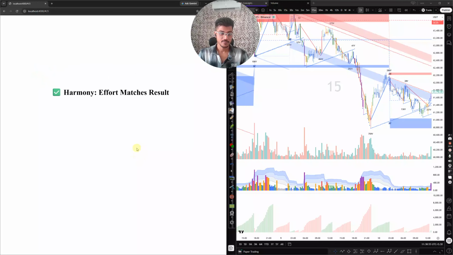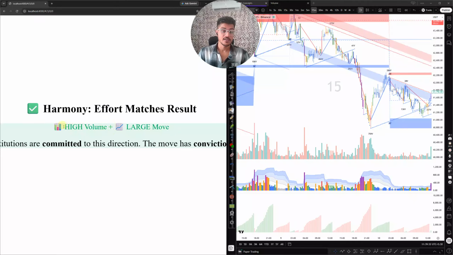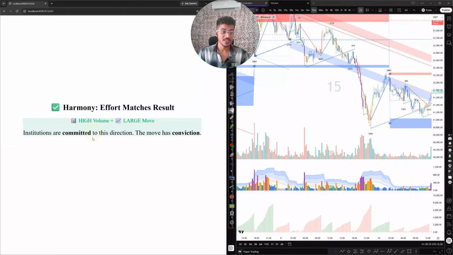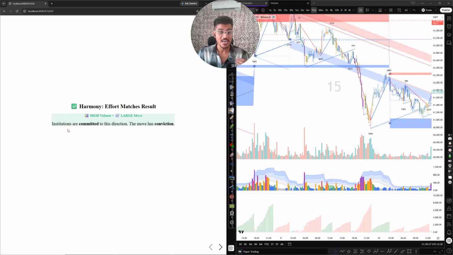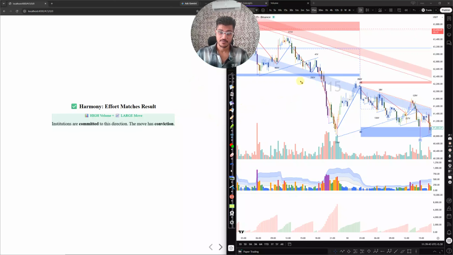Moving on, let's discuss what harmony is, where effort matches result: high volume and a large move. This is where institutions are committed to this direction. The move has conviction. You can see here there was a very large move and large volume.